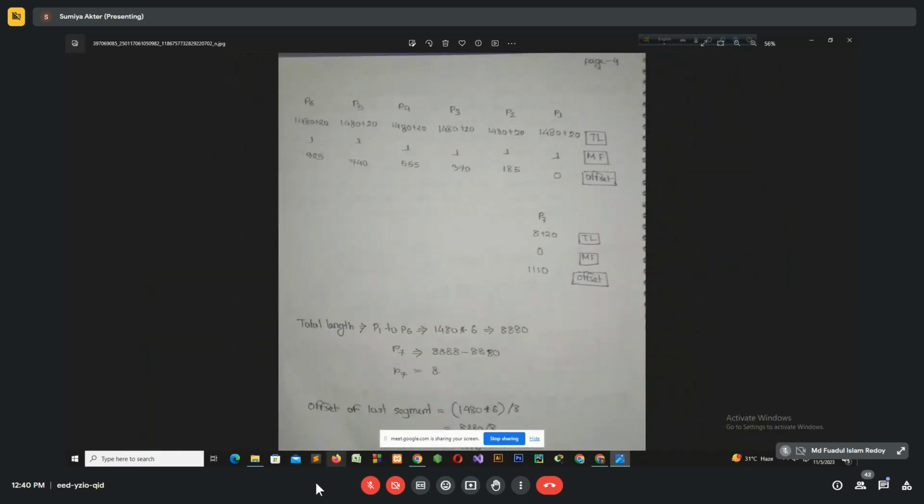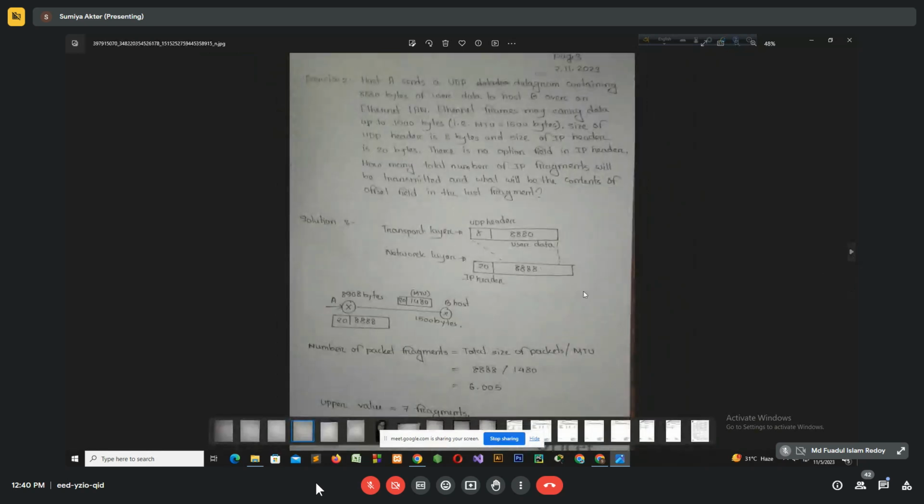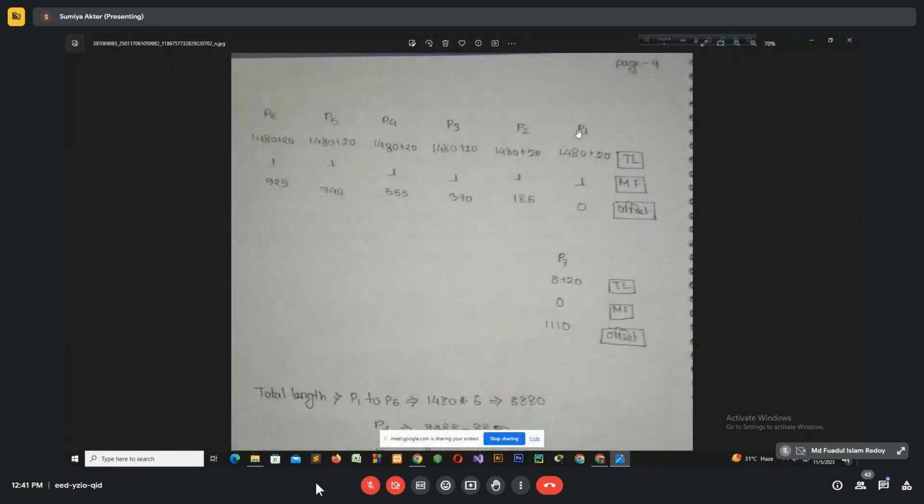Look at this, we are getting 6, right? If we get the integer value without the fraction, then it would be much easier. Let me tell you another thing. At the beginning, we will send this amount of data.